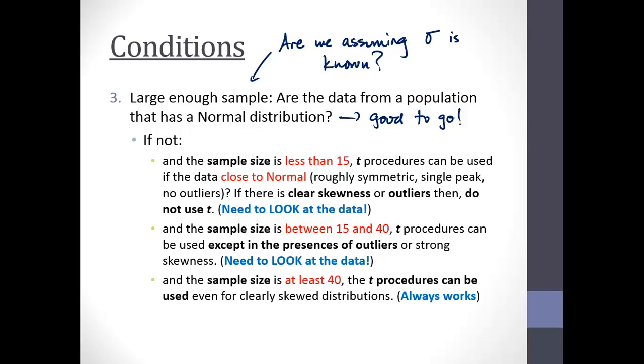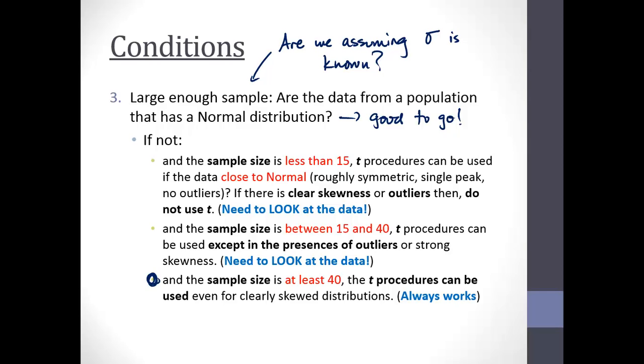But if not, then instead of just saying is n bigger than 40, we have a few other cases to talk about. If you jump down to this last point, here in this chapter using the t distribution, if n is bigger than 40, then we're always good to go. Same as before, if the sample size is at least 40, you can always use the procedures that we'll talk about in just a minute.